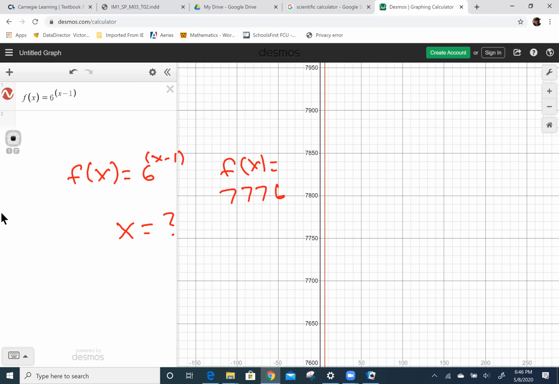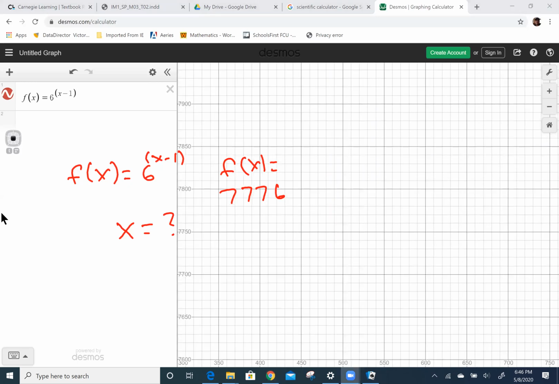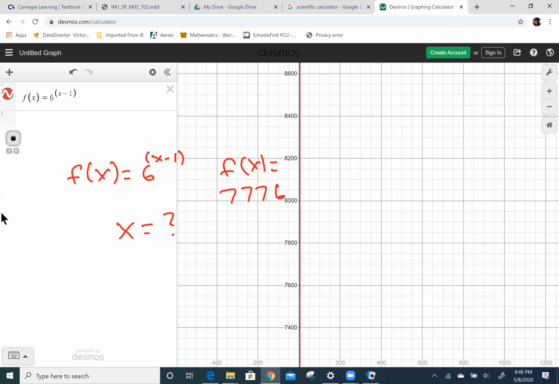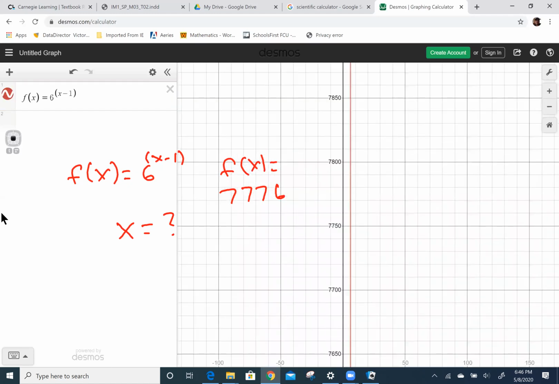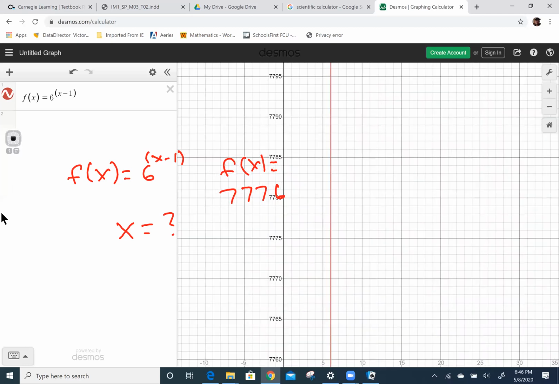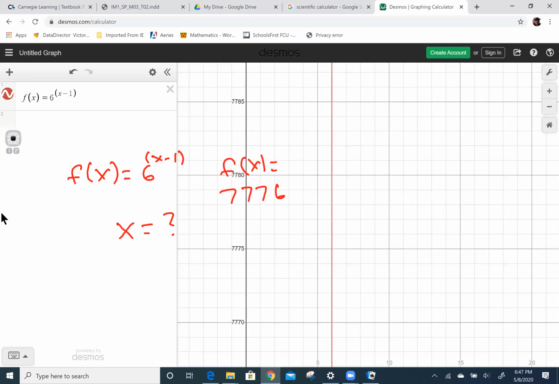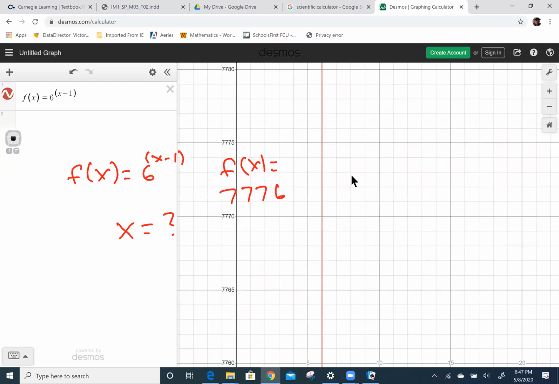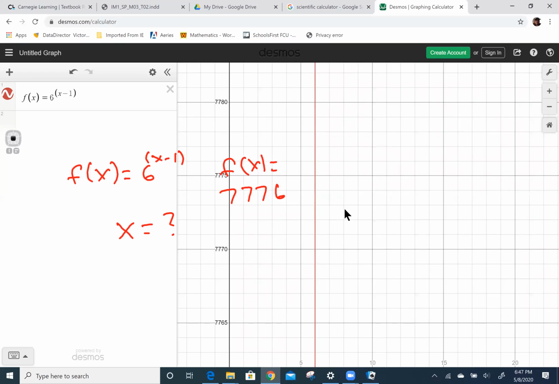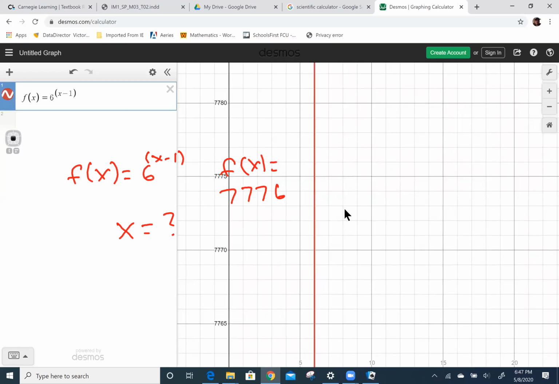So what you do is you put your cursor on 7,776. So it's going to be right there.